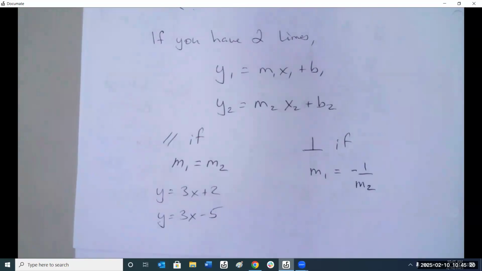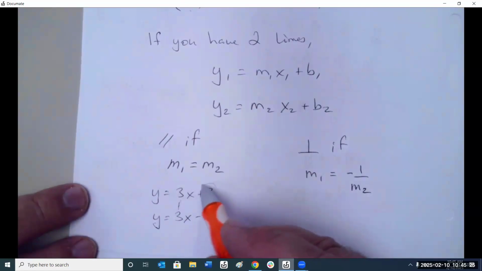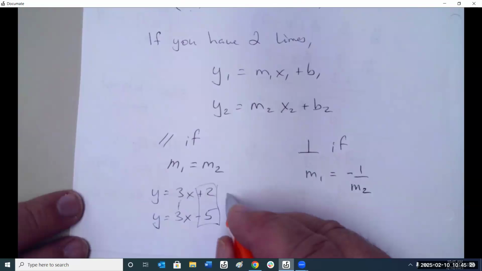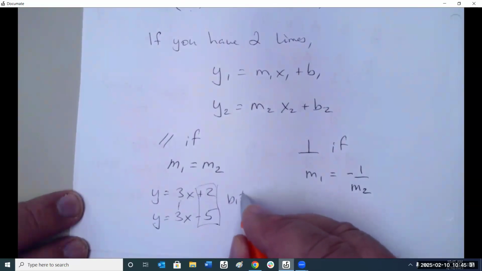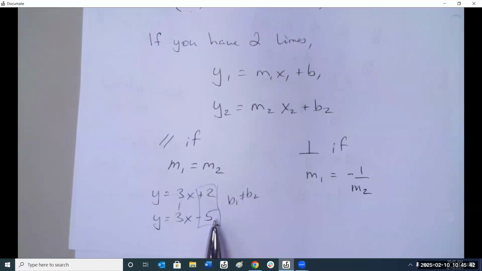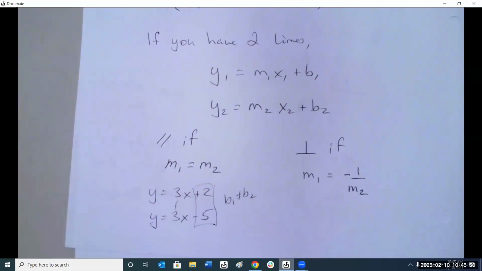These two lines are parallel because the slopes are equal and the y-intercepts are different. If the slopes were the same and the intercepts were the same, what do we have? The same line. So in order to be parallel, they have to have the same slope but different y-intercepts.